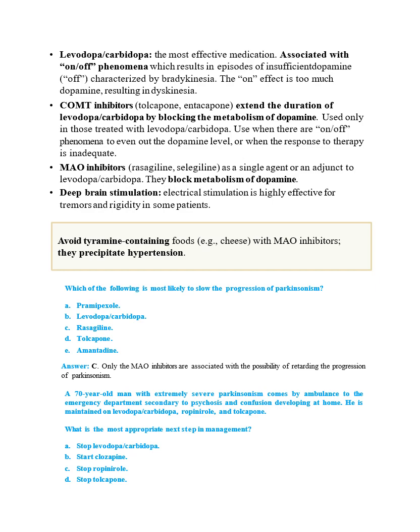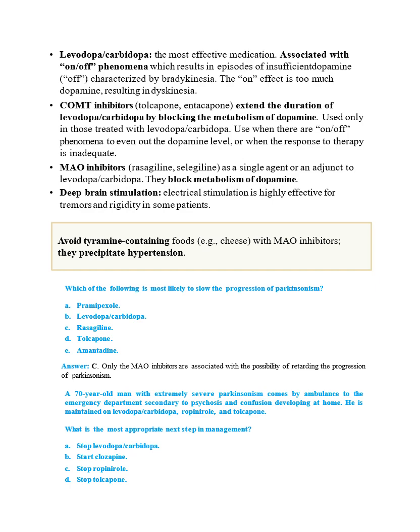The right answer is C, and explanation is that only the MAO inhibitors are associated with possibility of retarding of the progression of Parkinson.